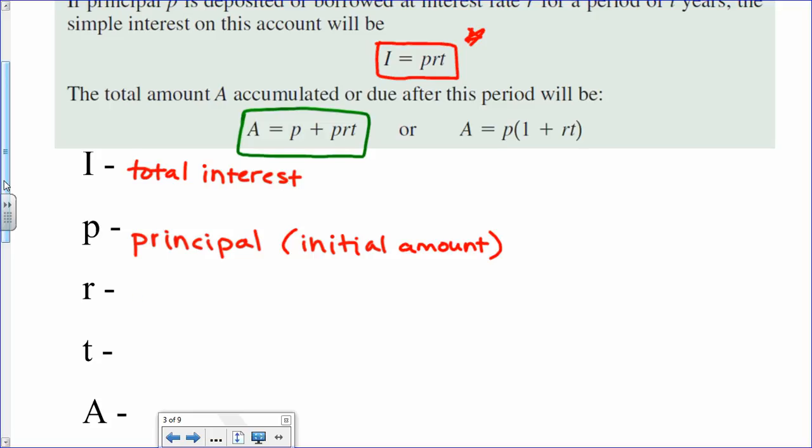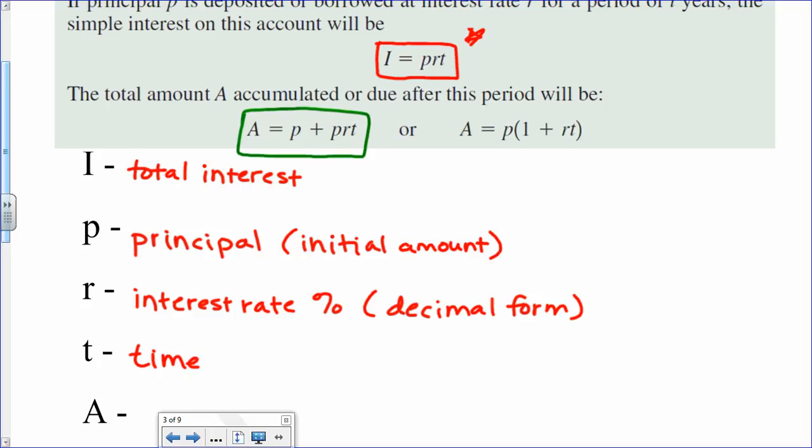R is your interest rate. This will be a percent, but whenever you're calculating it, it has to be in decimal form. So you always have to change your percent to decimal form. T stands for time, which will most likely be years.